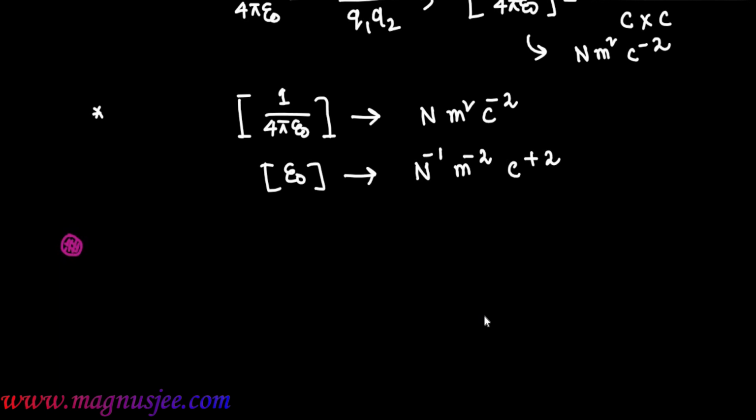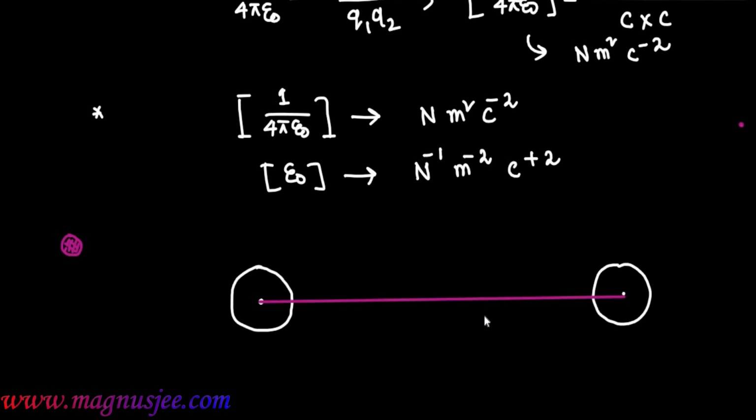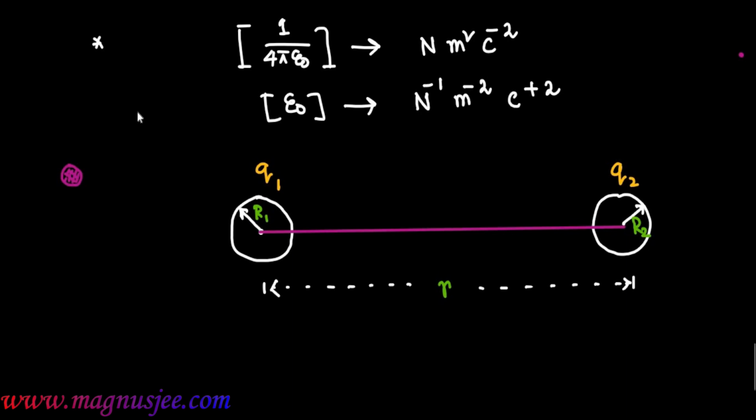Another additional information: we consider two charges which are separated by a distance r in a medium. r is the distance between two charges Q1 and Q2. We can denote the radius of the charges Q1 and Q2: capital R1 is the radius of the first charge Q1, and capital R2 is the radius of the second charge Q2.